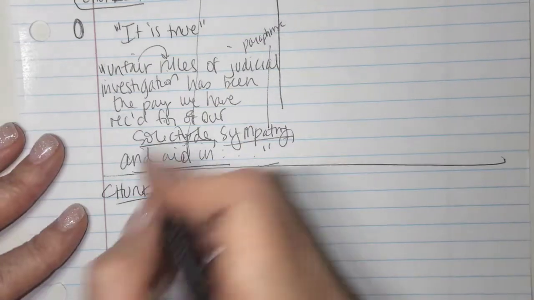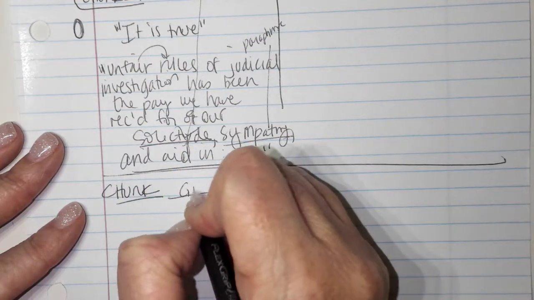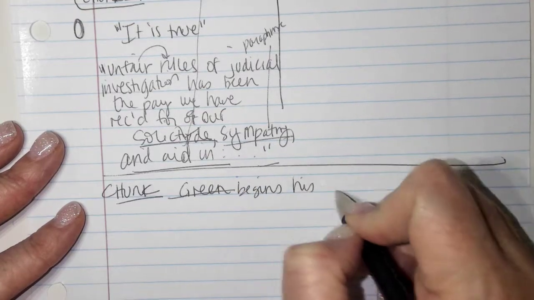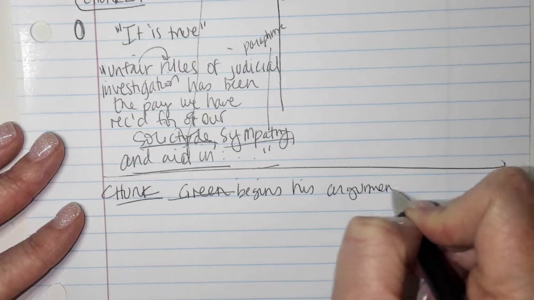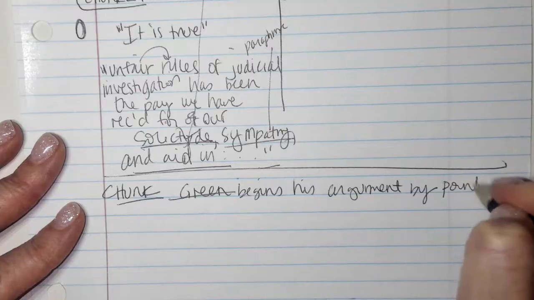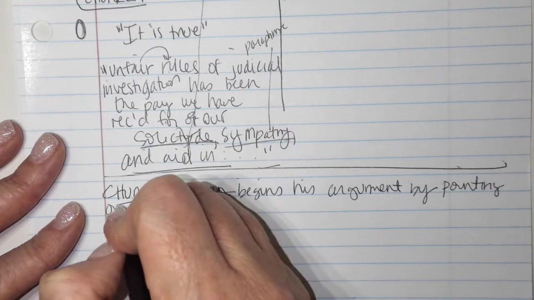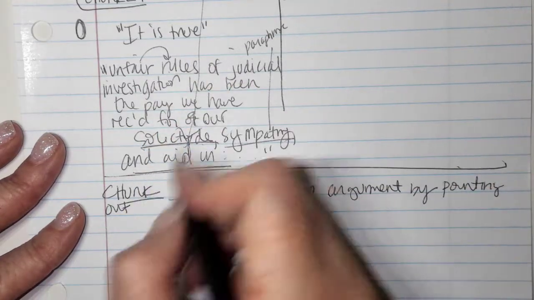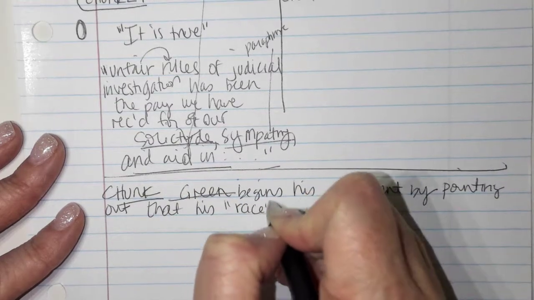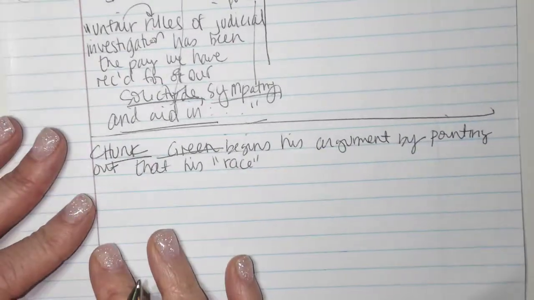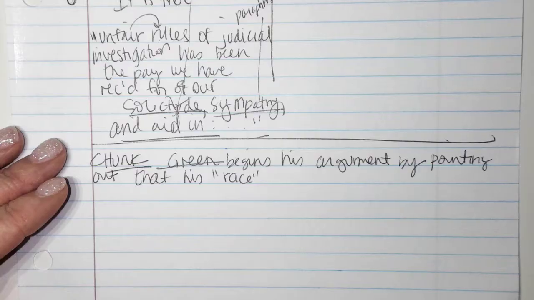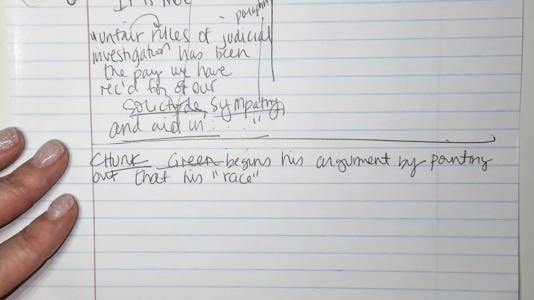So what I would say here is, Green begins his argument by pointing out, I don't like that, that's a colloquialism, by pointing out that his, quote-unquote, race, now I've identified to the reader that I understand what race he's talking about, right?